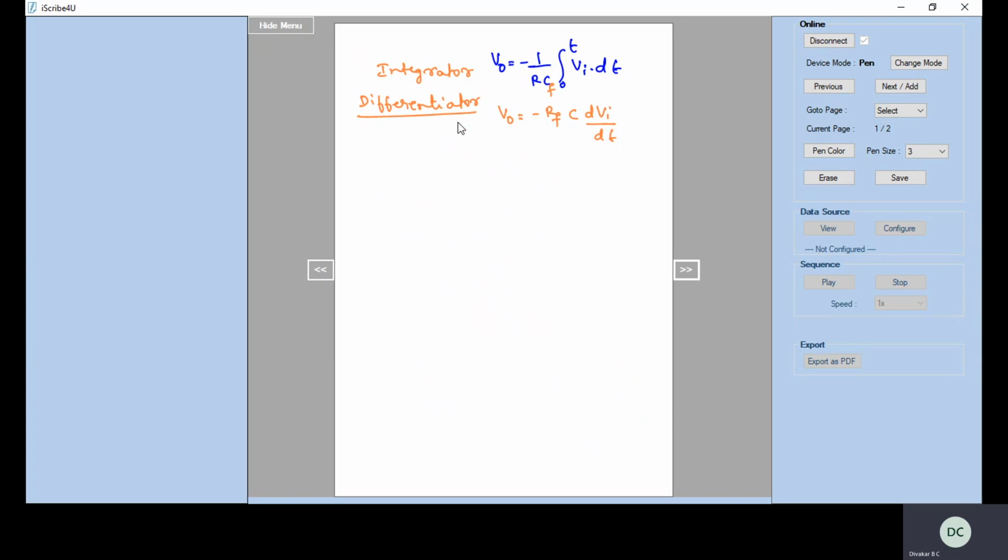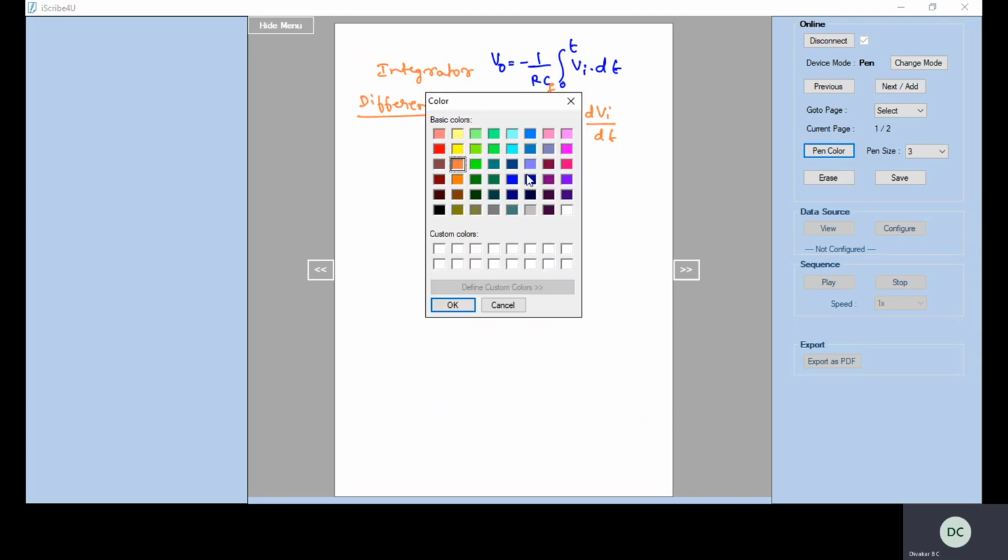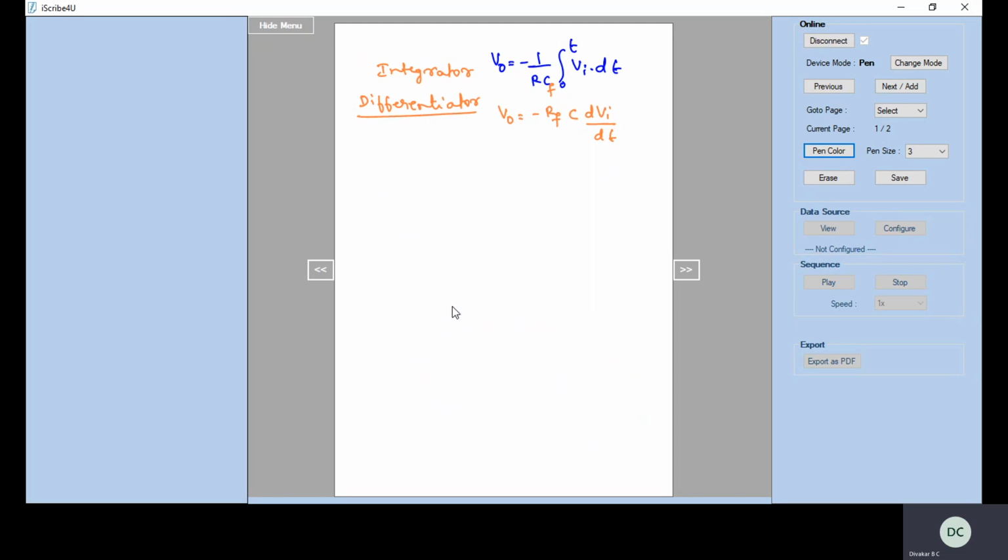And the output voltage expression for the differentiator is given by V0 is equal to minus Rf into C dVi by dt. And the next one is Schmitt trigger. A Schmitt trigger circuit is also called as the regenerative comparator, since the positive feedback is used in the Schmitt trigger.